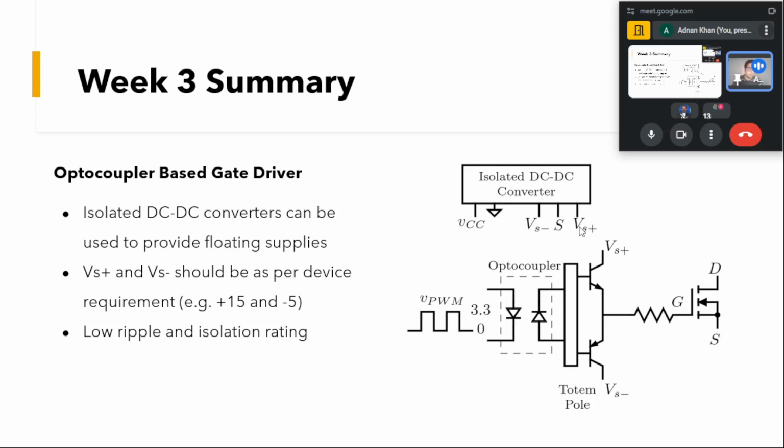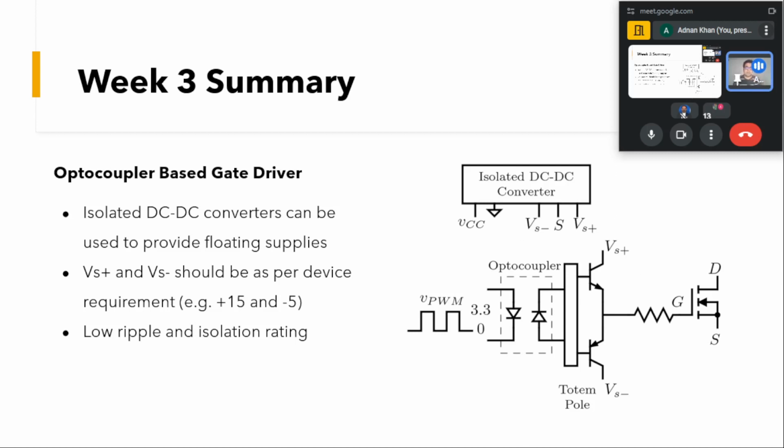So both these VS positive and VS negative will get applied with respect to this source. Now if we have a plus 15, that will be applied with respect to this, and VS negative will be applied across, since both these sources are connected together, and as such these voltages plus 15 and minus 5 will take into consideration the floating point supply.